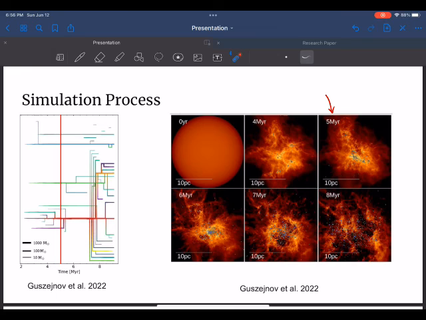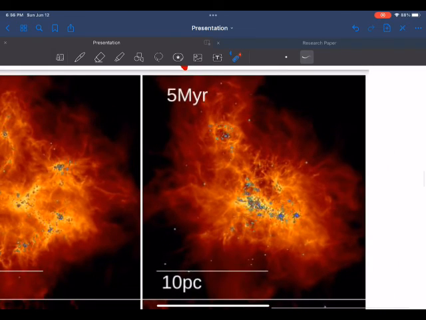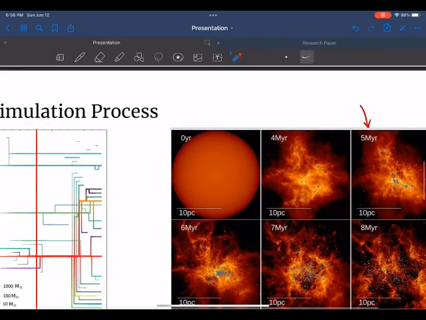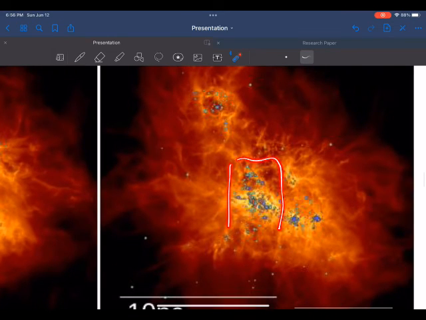And this graph may seem a bit convoluted at first, but let me explain. If you look at this graph over here, you'll see that there are multiple different star-forming sites. And there's this one cluster that seems to be very large and has a number of small clusters within it.